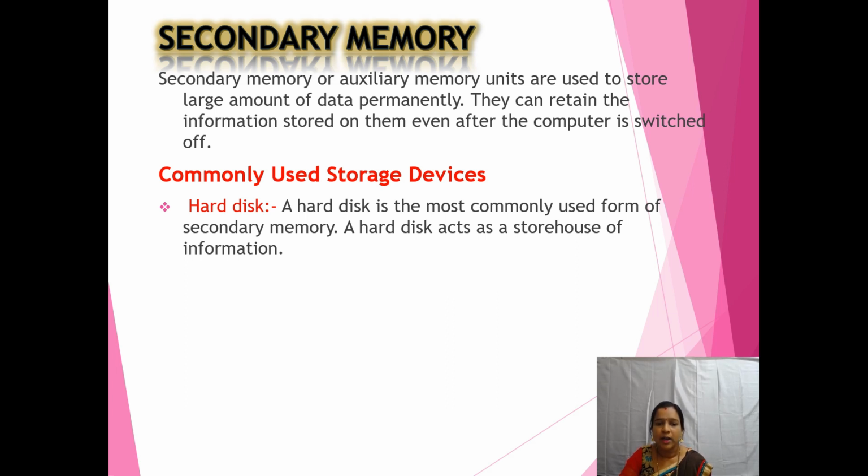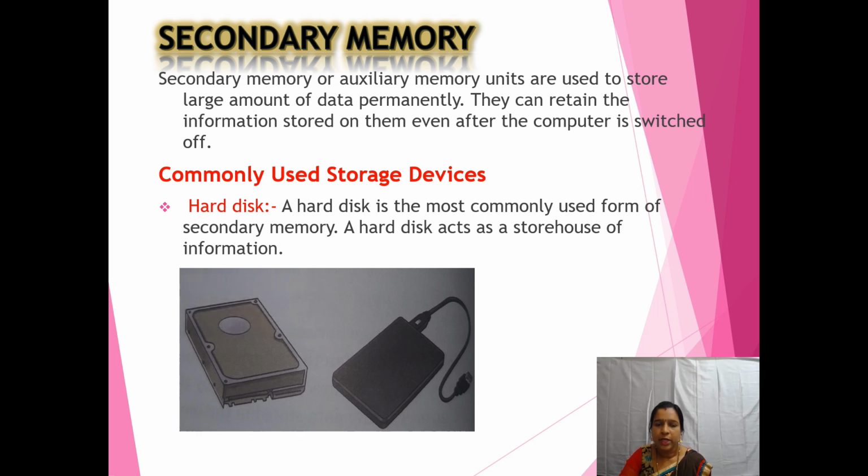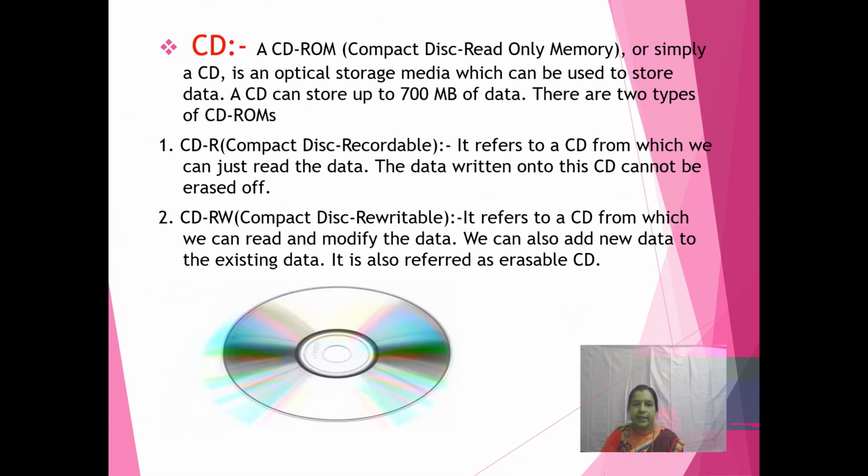First one is the hard disk. A hard disk is the most commonly used form of secondary memory. A hard disk acts as a storehouse of information. So whatever files we save from our CPU go to the hard disk.